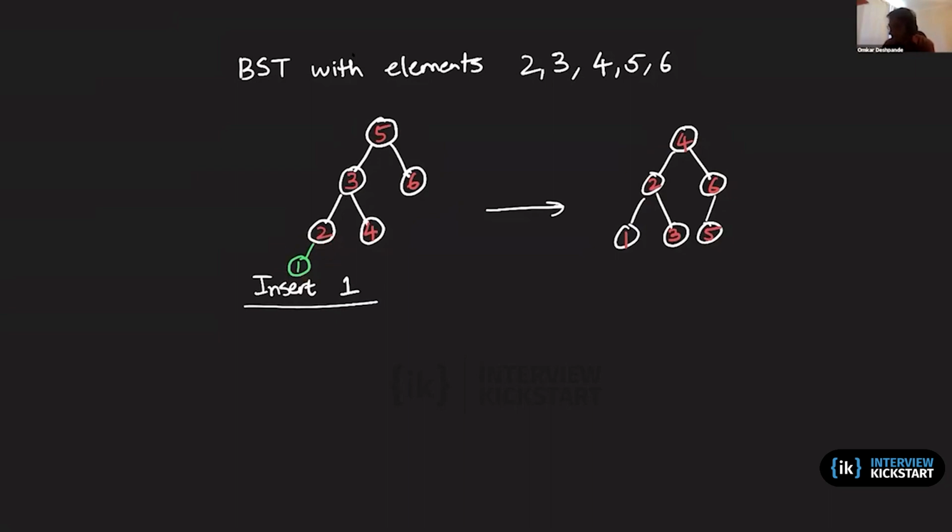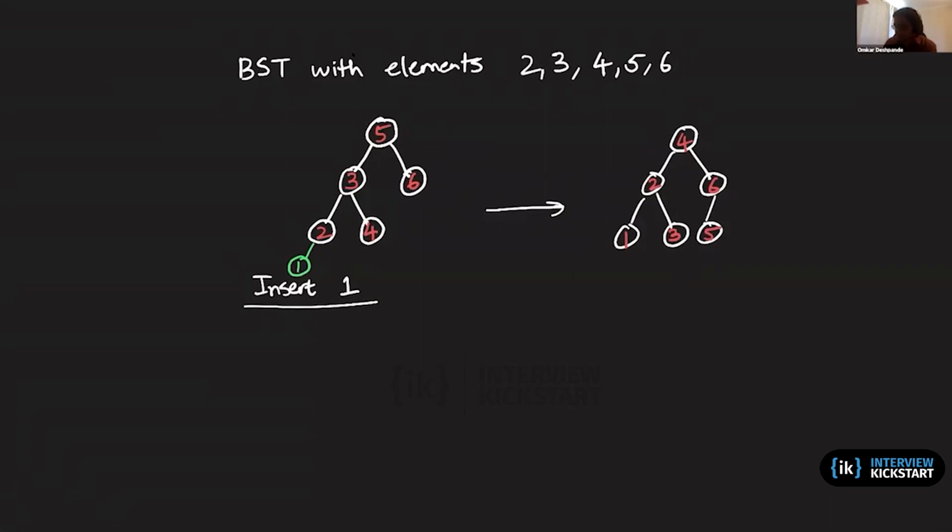So 2 had no children earlier, now it has 2 children, 1 and 3. 3 had 2 children here, 3 has no children here. So both pointers of 3 have been updated. 4 had no children here, 4 has 2 children here. Again, both pointers have been updated for 4. 5 had 2 children here, 5 has no children here. And 6 had no children here, 6 has 1 child here. So every pointer has actually changed.